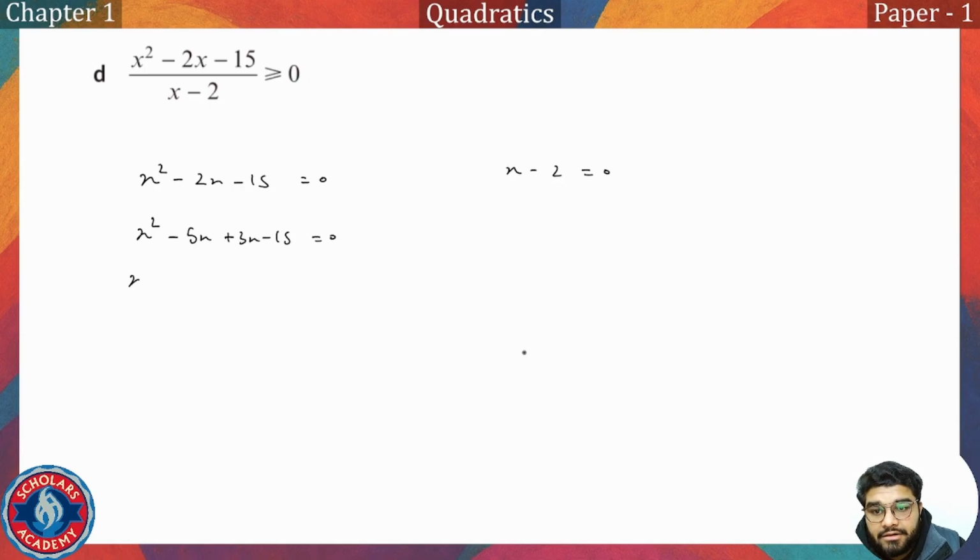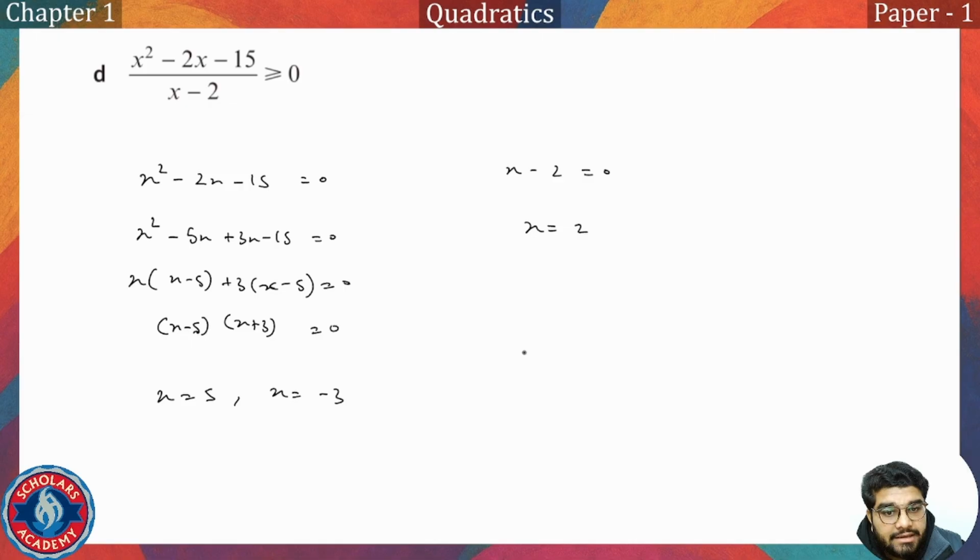So if I take common x − 5, and if I take +3 common, x − 5 = 0. So (x − 5)(x + 3) = 0. And from here what I get is x = 2. Right? So the critical points that I get are x = 5, x = −3, and x = 2.